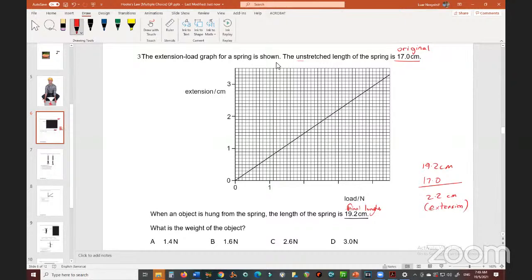Then question 9. The extension is 2.2, and the extension is over here on the y-axis. This is the x-axis, as usual. We're going to find 2.2 here, and all we need to do is read the graph, like very sensible students.